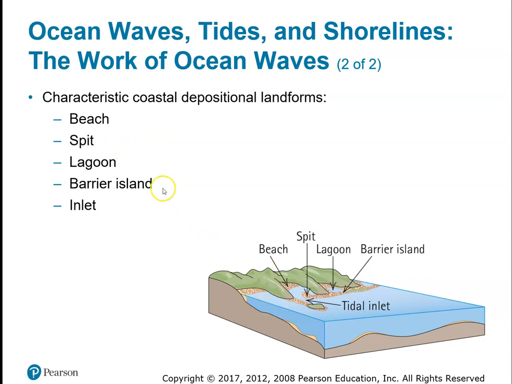All right, and then you have these things called spits, and the spits form first underneath the water, and then as time goes on, the sand builds up higher and higher, and the spit will appear over the water, right?